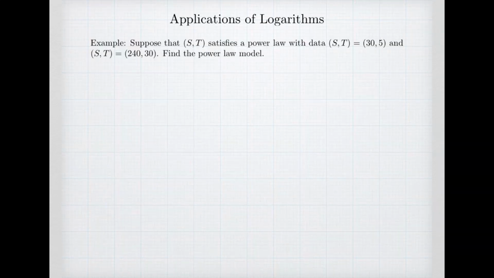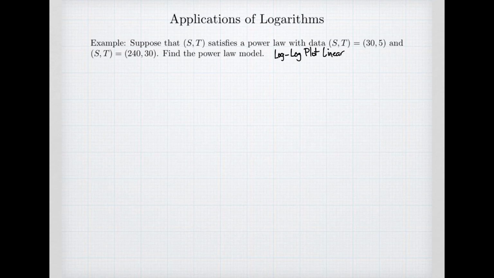Let's use the principles of logarithmic transforms to find a model. So here, suppose I have a model. So S and T are my data, and I have two data points, (5, 30) and (30, 240), and we want to say that this is a power law. And a reminder, that means for us that the log-log plot is linear.